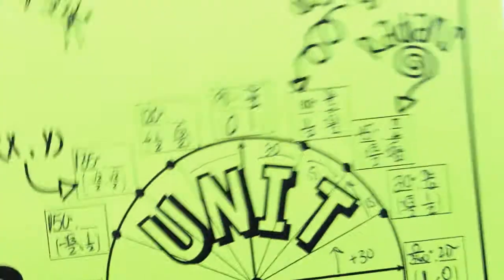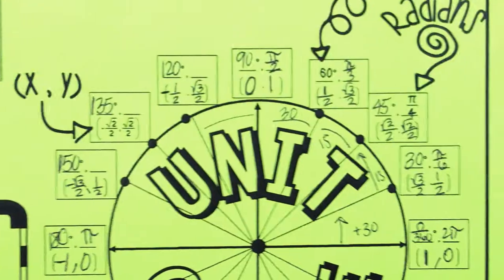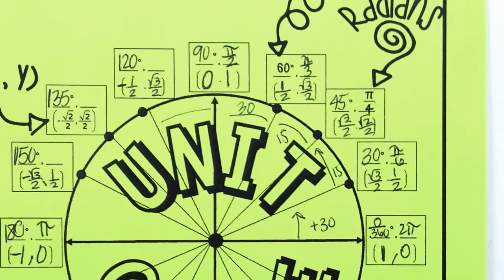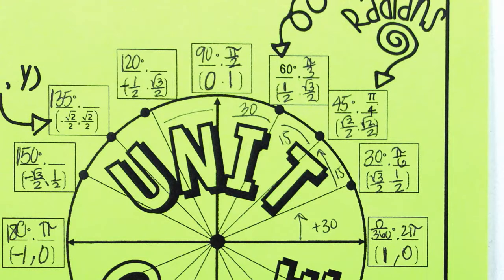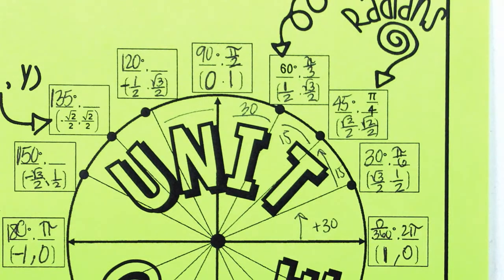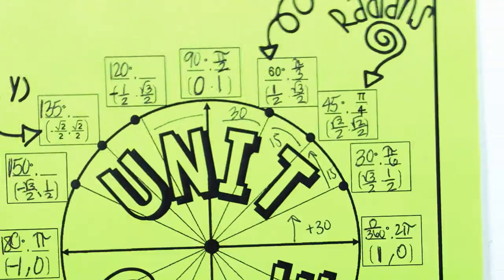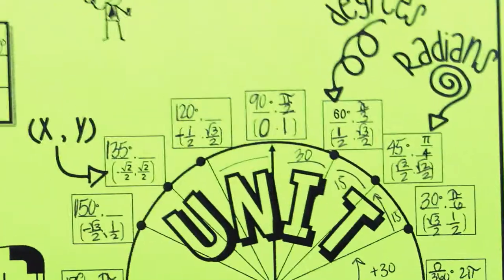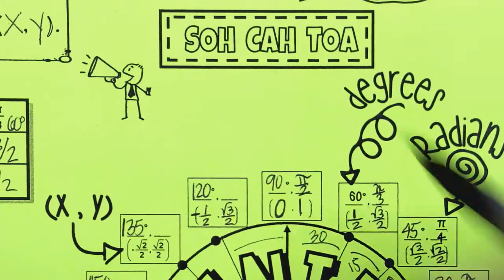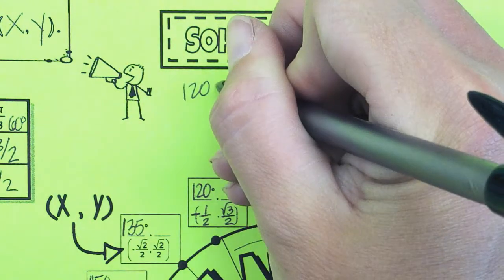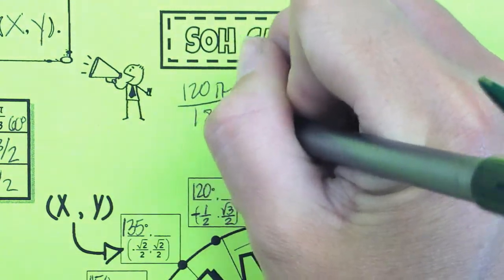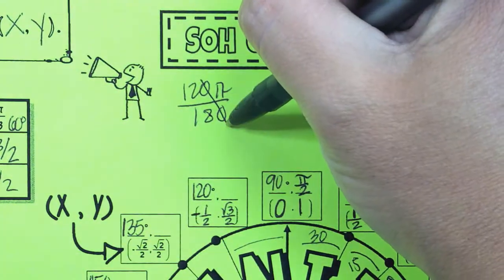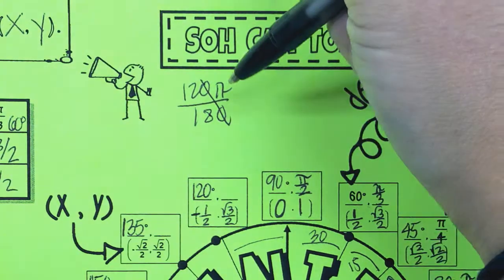Okay. So, what do you think 120? What would we have to do there? We just had a test on turning degrees into radians. What do we have to do? 120 times pi over 180, and we can cancel out the zeros. What did 12 and 18 have in common?